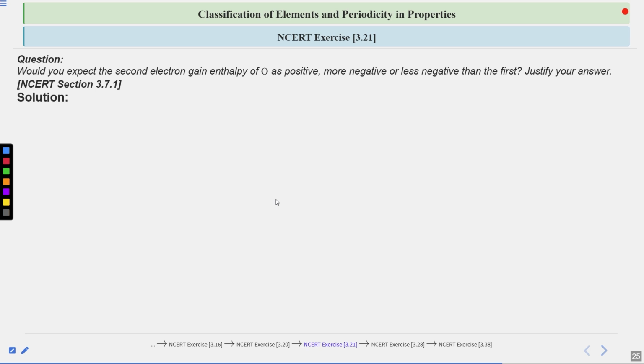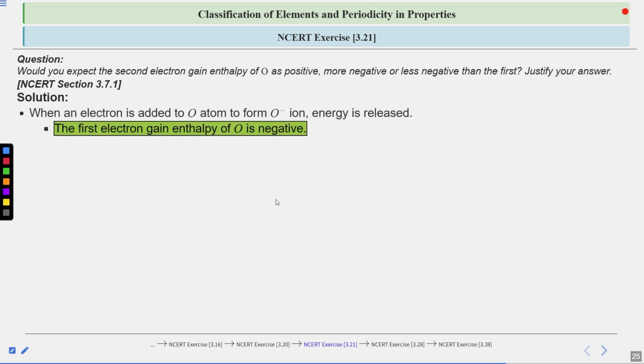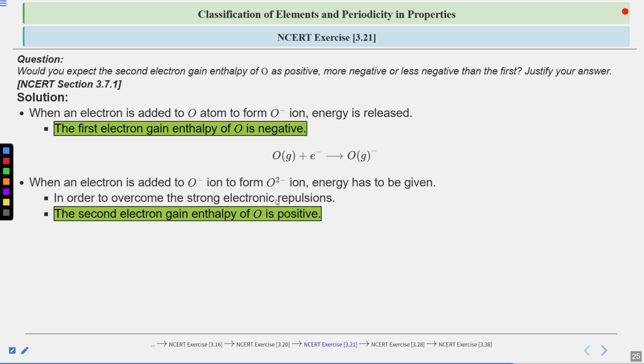So first of all, when an electron is added to the oxygen atom, energy is released, as I have talked about. Therefore, it will be negative. This is for the first electron gain enthalpy. This can be seen in this equation also. Now, what about the second one?